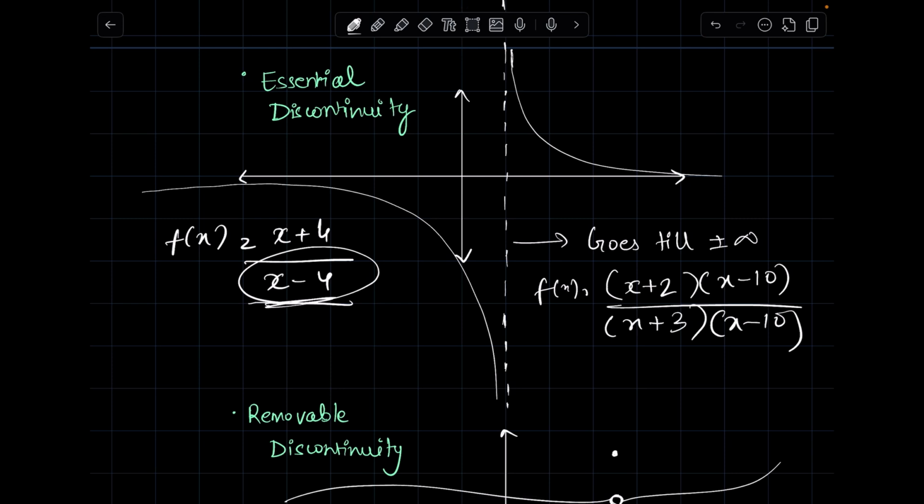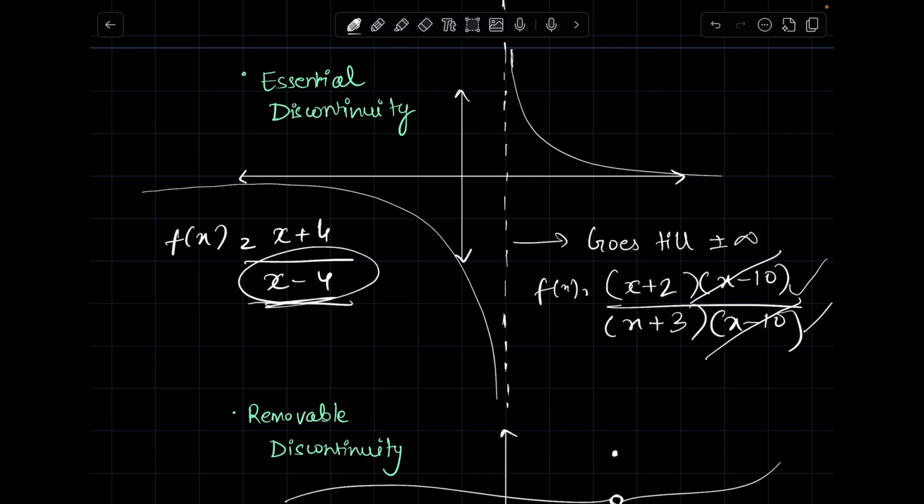Therefore, there's a discontinuity there. But if you factor it out, the quadratics in this form, then you can just cross out x minus 10 and suddenly it exists at x is equal to 10. This is called removing an essential discontinuity, and you can encounter questions about removing this discontinuity in some function of x in the AP exam.